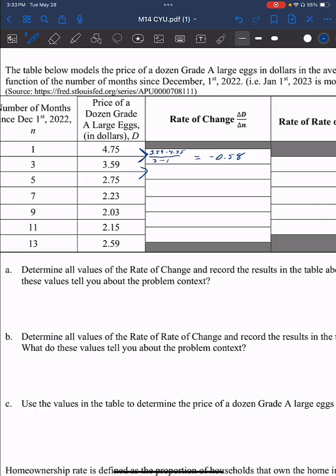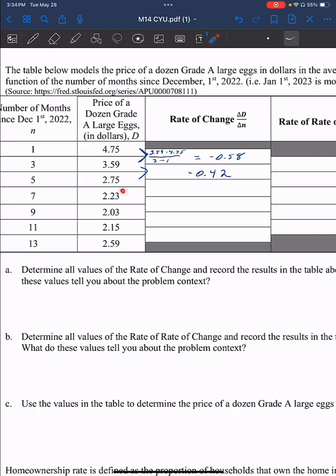Okay, and if I continue doing that all the way down, the next rate of change is negative 0.42. So that's taking the 2.75, subtracting 3.59, dividing the whole thing by 2, I get negative 0.42.